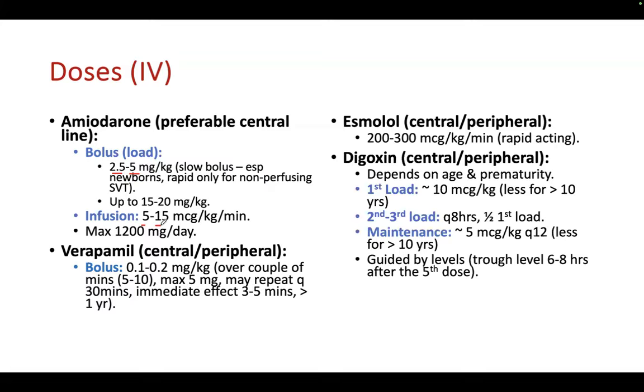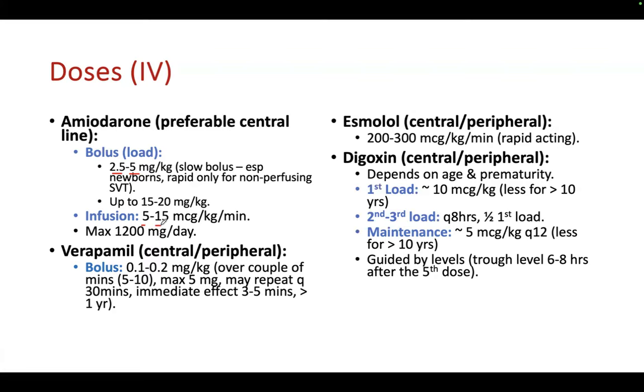And for digoxin, you can do as well central or peripheral IV infusion. The dose of digoxin is complicated. It depends on the age and prematurity of the child, but in general, the load is 10 micrograms per kilo, but less if the patient is 10 years and older.